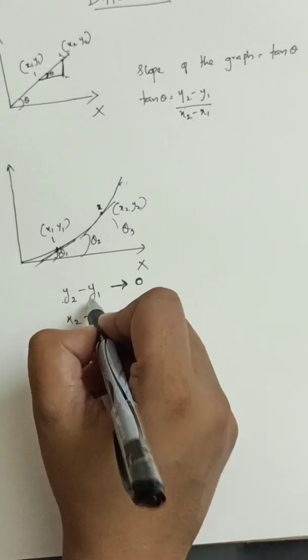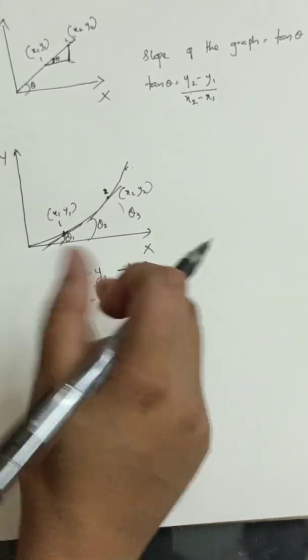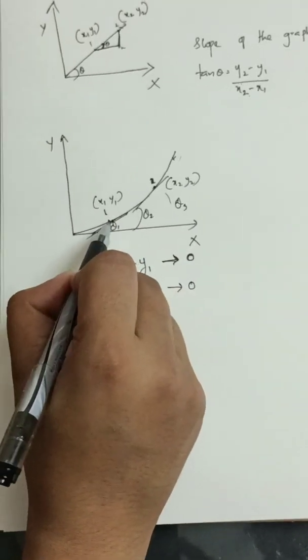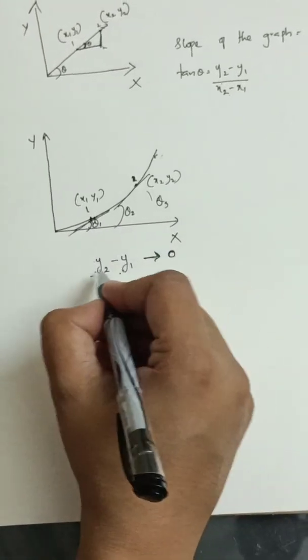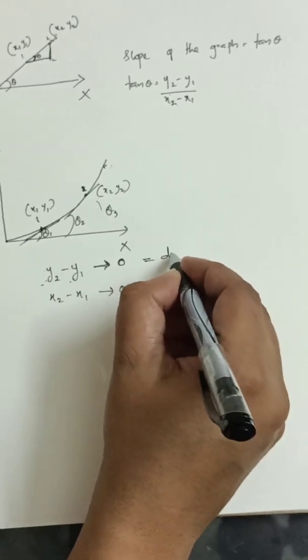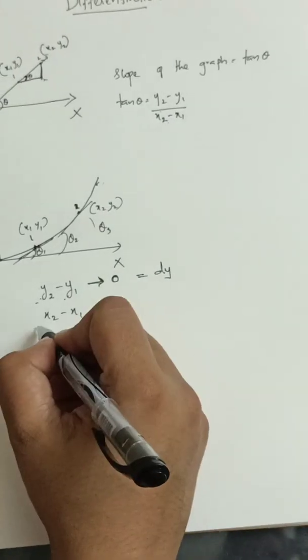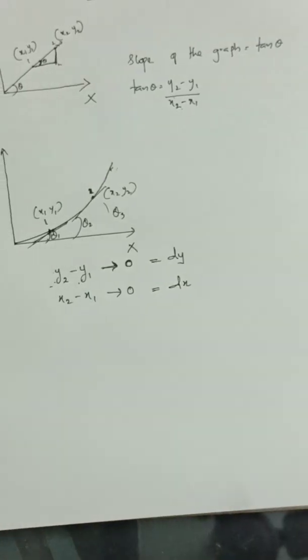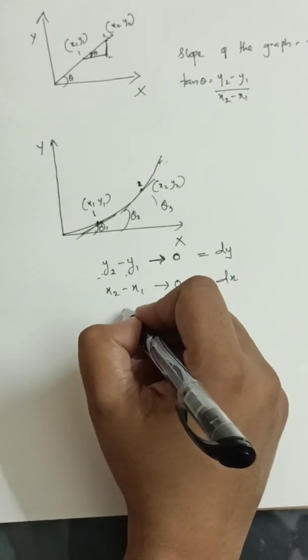Okay, so y2 minus y1 is very small, no? They are not at the same point, but they are very close. So y2 minus y1 will be very, very small, which is represented as dy. And x2 minus x1 is also very small, it is dx. So what will be the slope?